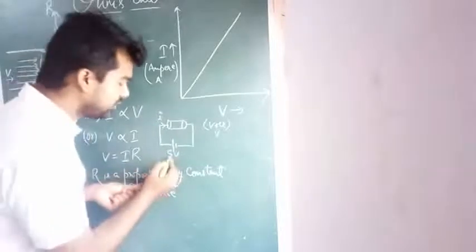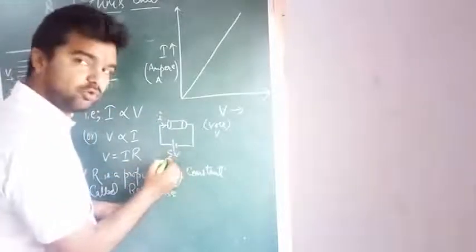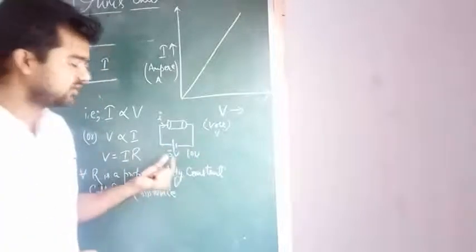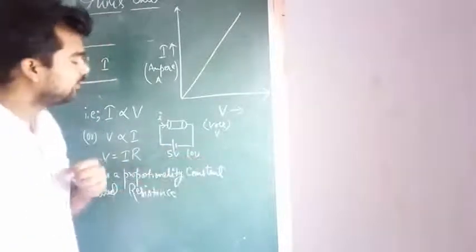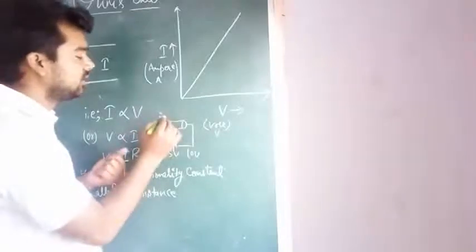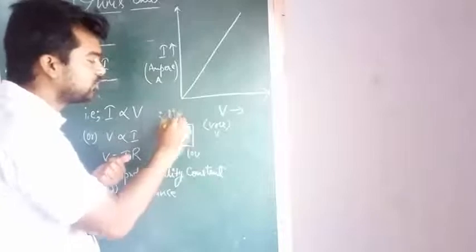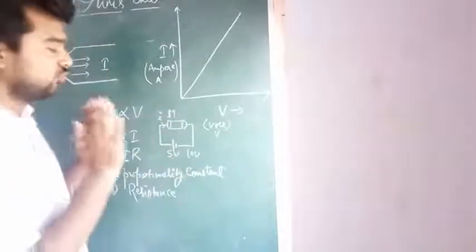If I increase this from a 5-volt to a 10-volt battery, replacing the 5-volt battery with a 10-volt battery, then what will happen? I will see an increase in the current. That is the simple meaning of Ohm's law.